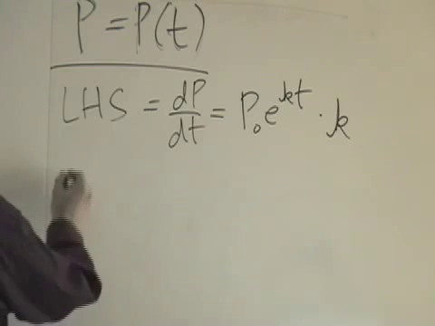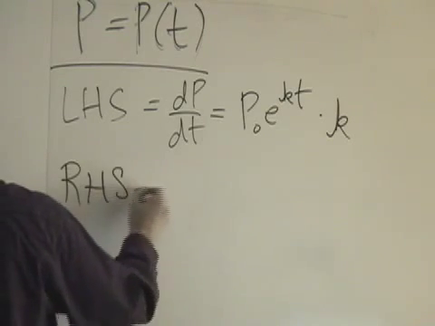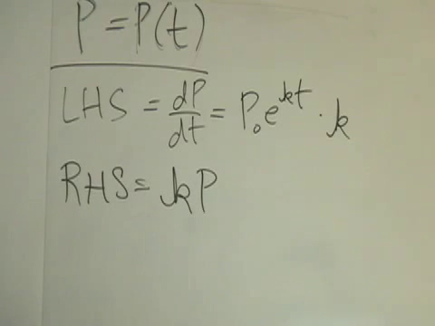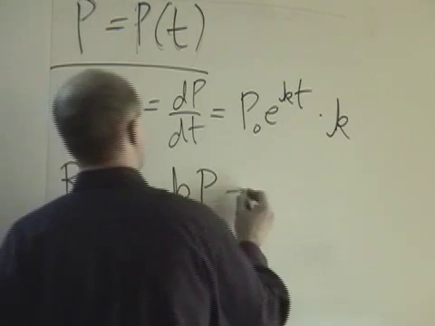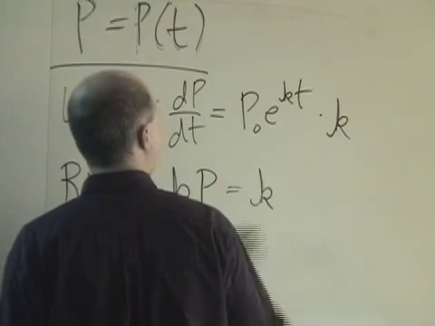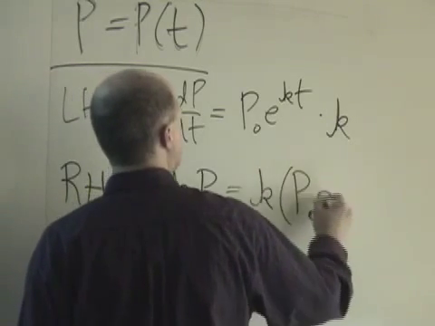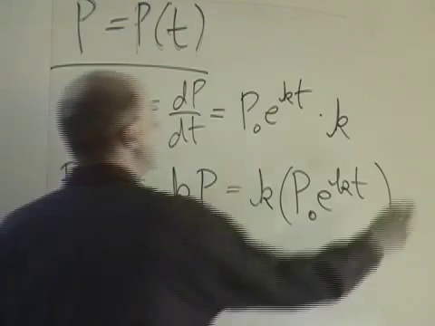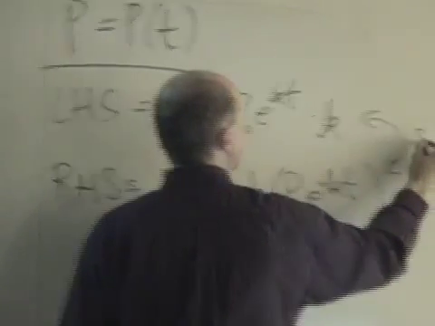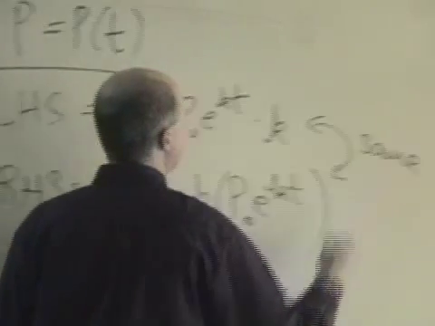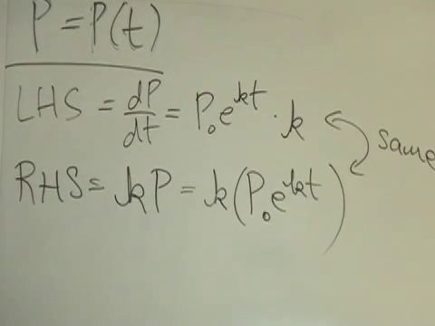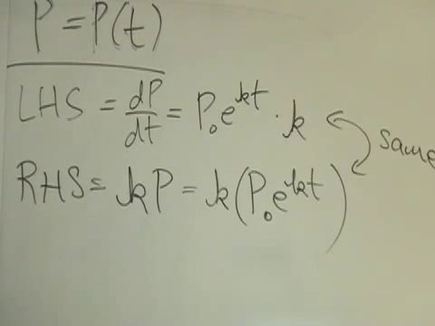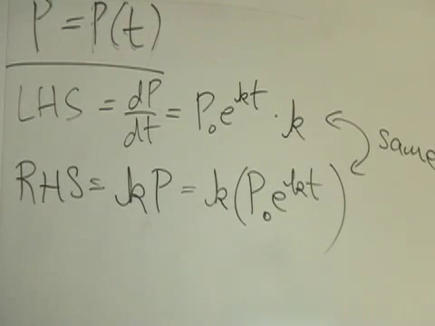On the other hand, the right-hand side of the differential equation is k times p. When I substitute this function into this equation, replace the p with p naught e to the kt, lo and behold, I do get the same function. It doesn't matter what k is. It doesn't matter what p0 is. Those are the same for all values of t. Those are the same functions.